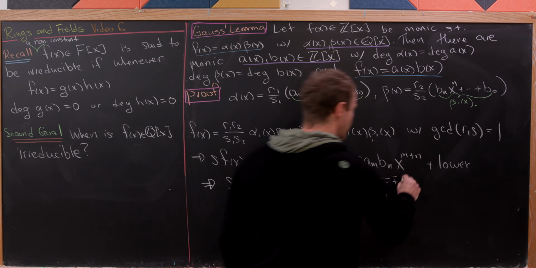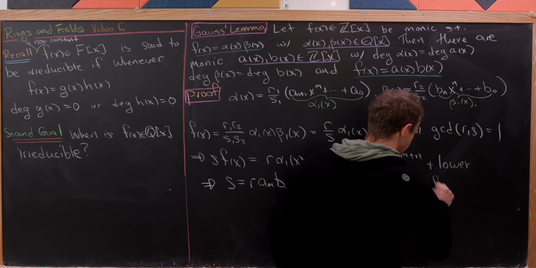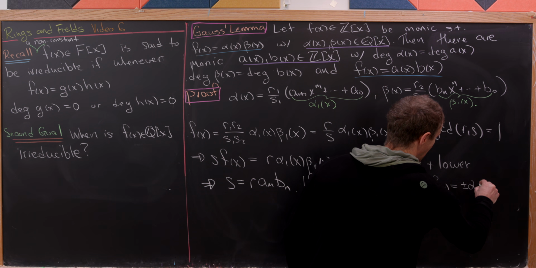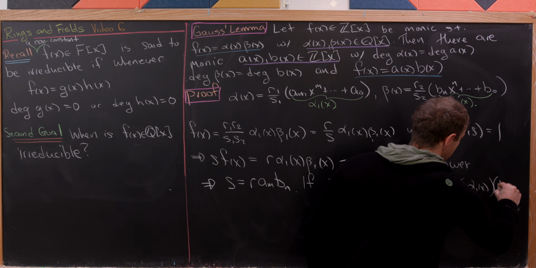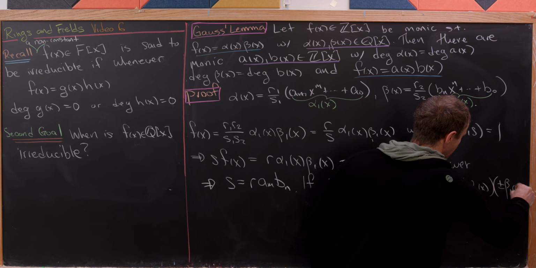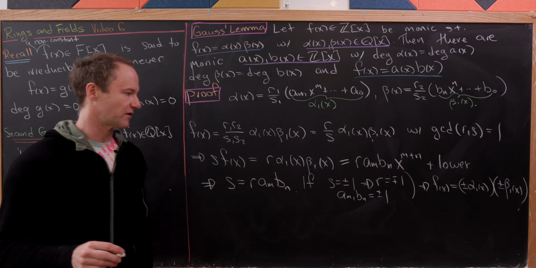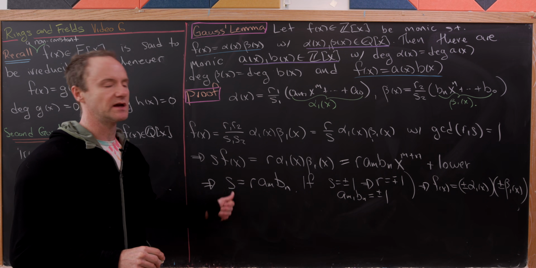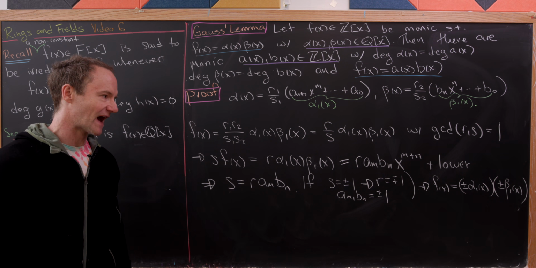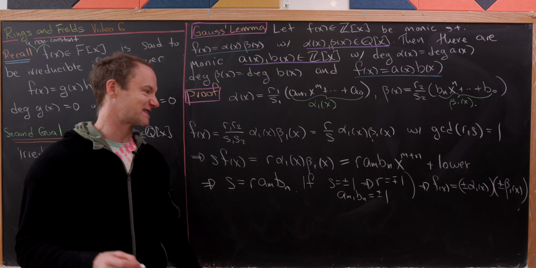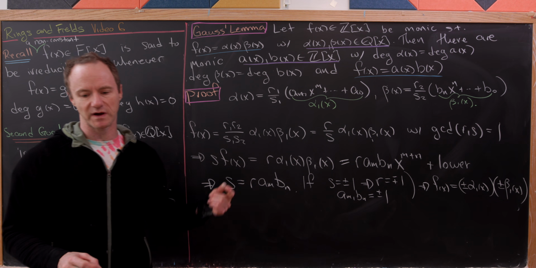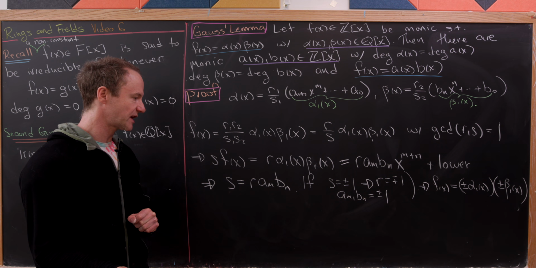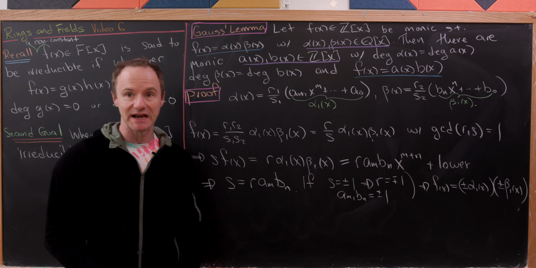Putting all that together, f of x can be written as plus or minus alpha 1 of x times plus or minus beta 1 of x. I'm not being super careful about the sign here. The important thing is that if s is plus or minus 1, then we already have a factorization as long as we fix the sign, and this is what it takes to fix the sign. It turns out to be a little trickier if s is not equal to plus or minus 1.